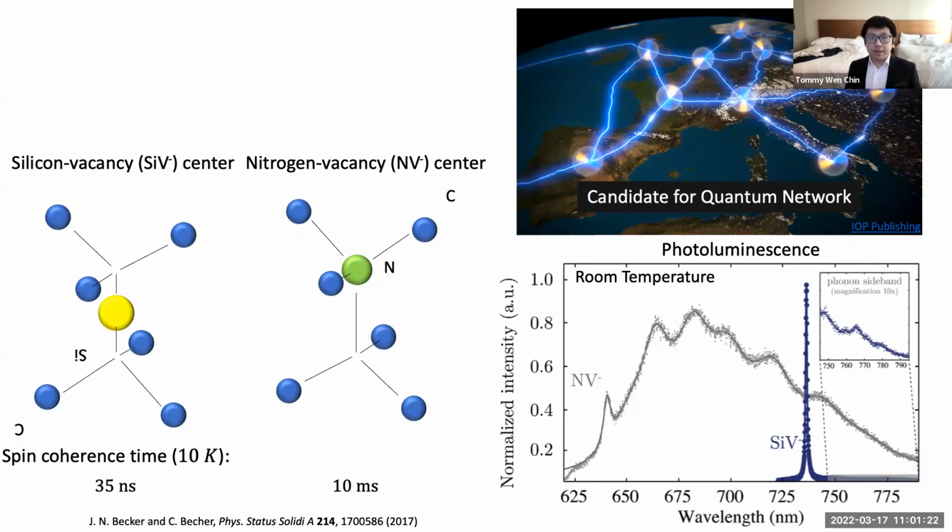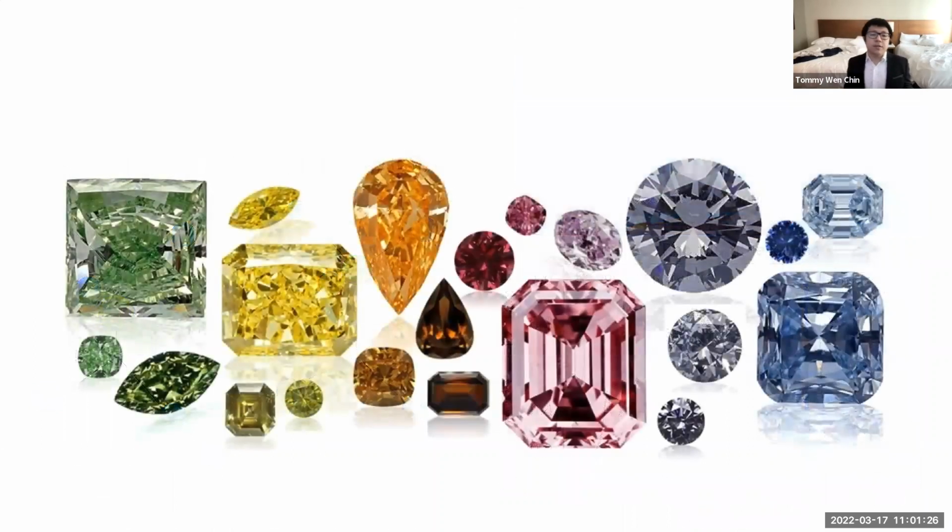In addition to SiV and NV centers, there are a whole variety of different color centers out there, a lot of whose composition are not well understood. This is good because for experimentalists, this opens up a whole lot of avenues for exploration.